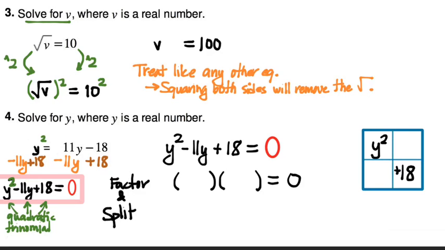How does y squared factor? Y times y. And that gets us started over here, right? So y times y. What are some ways that the number 18 factors? 9 and 2. And is 9 and 2 going to be the combination that we want here?